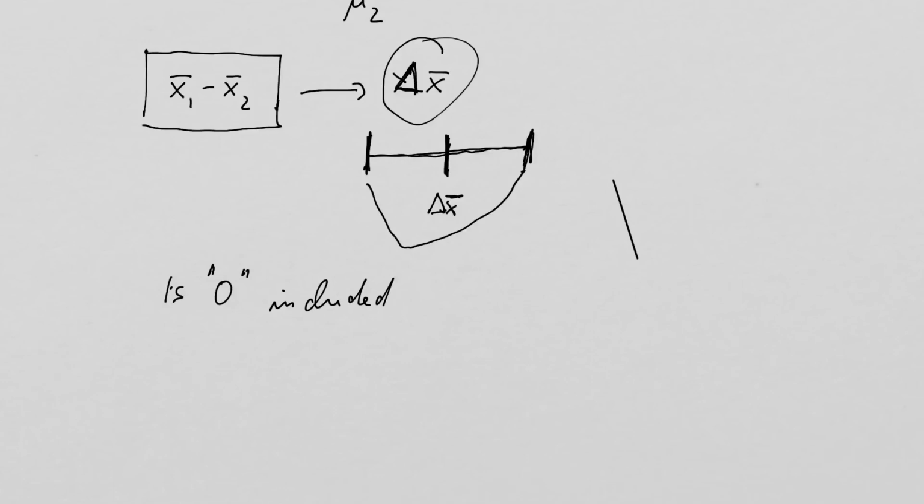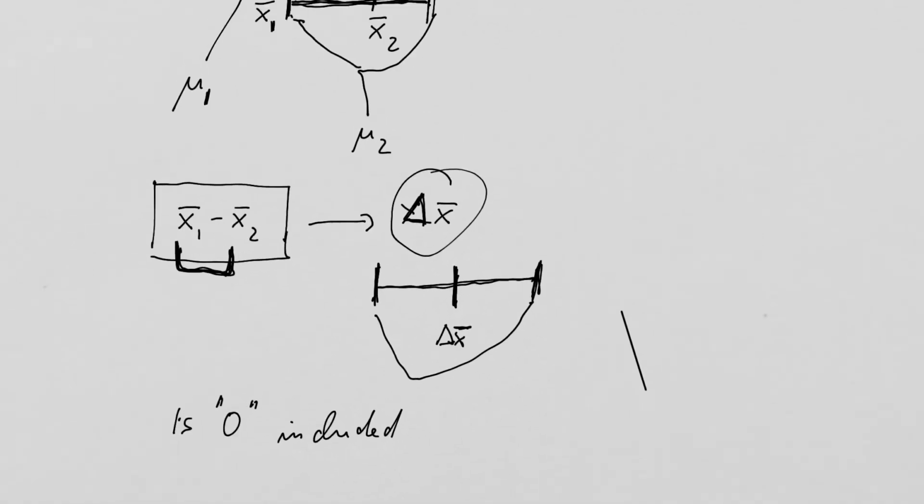Well, if 0 is included, we say our difference could be anything, including 0. And if there is a 0 difference, then this means that our two sample means potentially represent the same population.